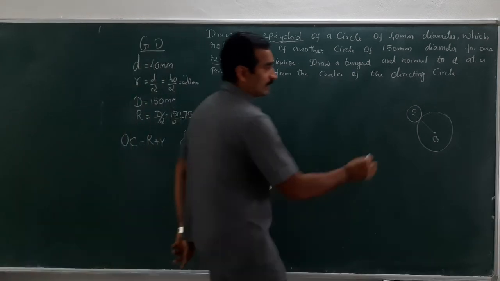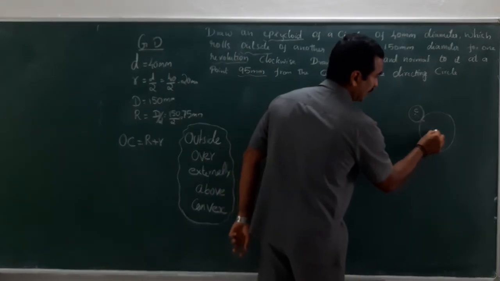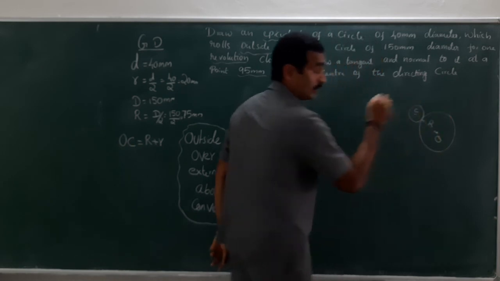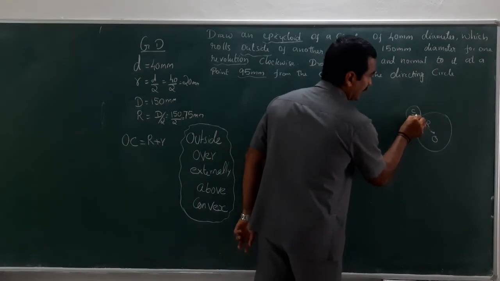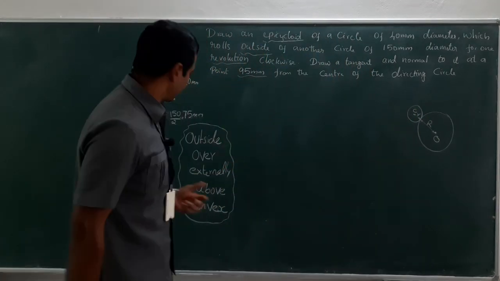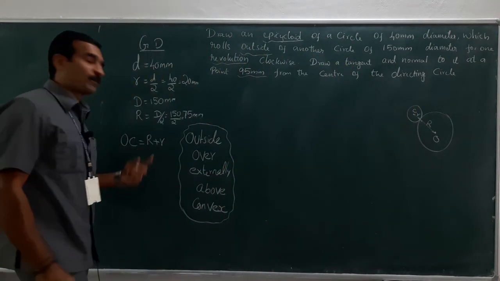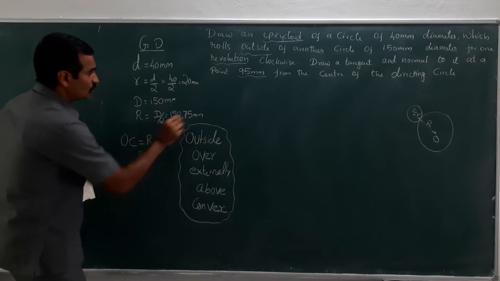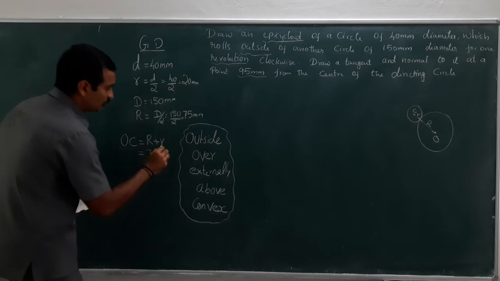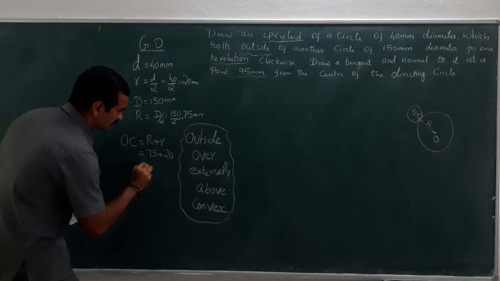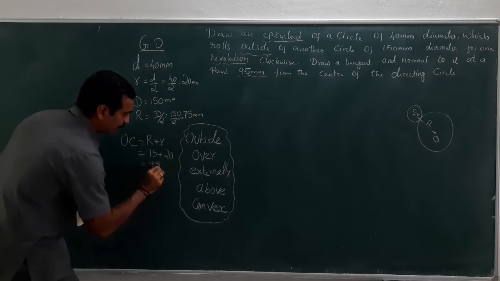Look here: this is the radius of the base circle or directing circle, and this is the radius of the rolling circle. So OC is equal to R plus r, which is 75 plus 20, which is equal to 95 mm.